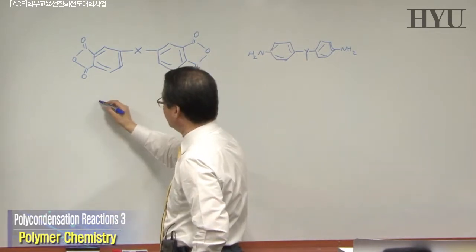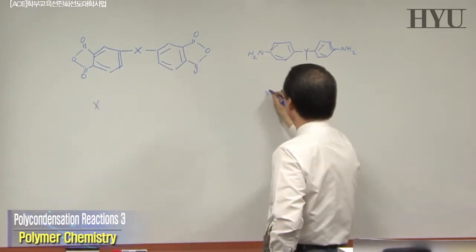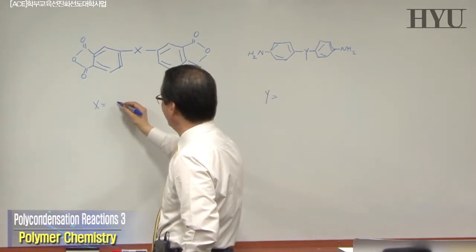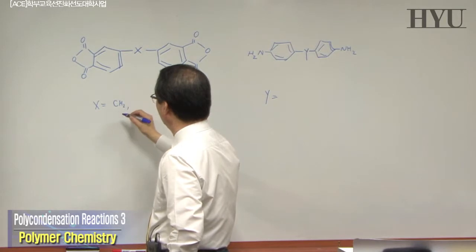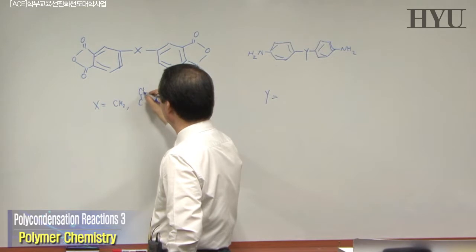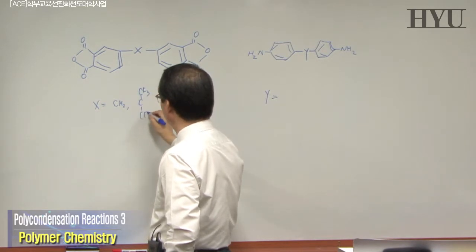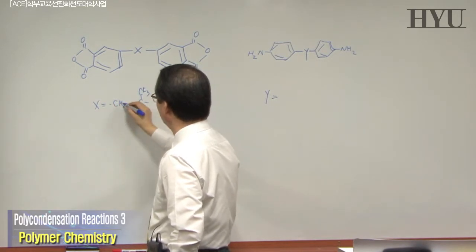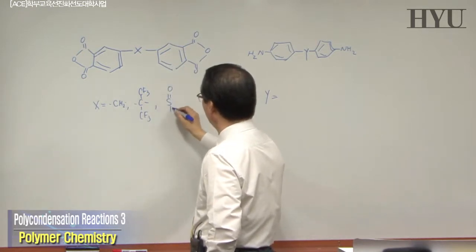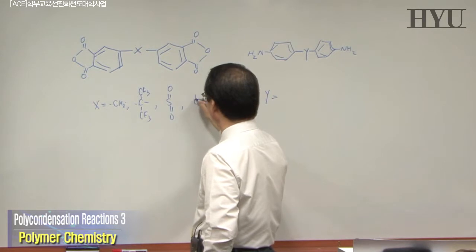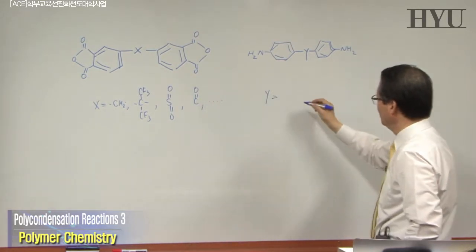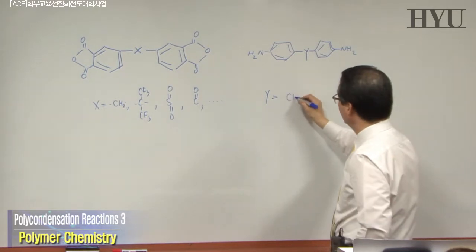Now, if you change X and Y, X could be methylene, hexafluoro groups, sulfone, or carbonyl, and Y could be the same as well.